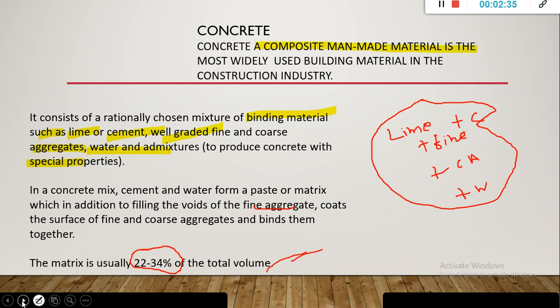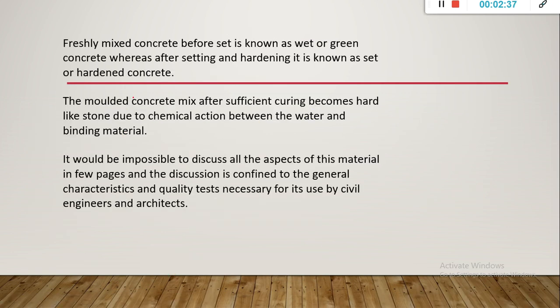Okay, so coming to the next slide. Freshly mixed concrete before set is known as wet or green concrete. So green concrete বা wet concrete বুলিলে যিখিনি আমি directly mix কৰো, suppose we are mixing cement, sand and aggregate, before the setup of this concrete it is called wet or green concrete.